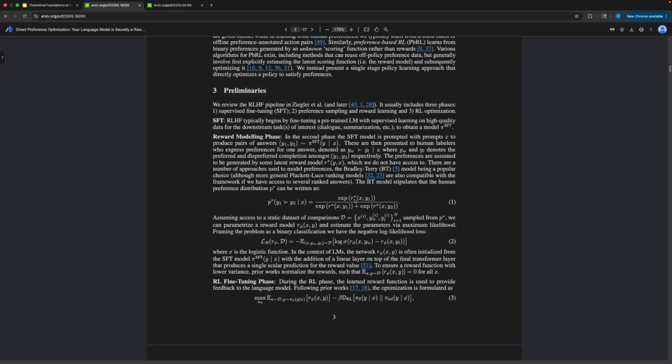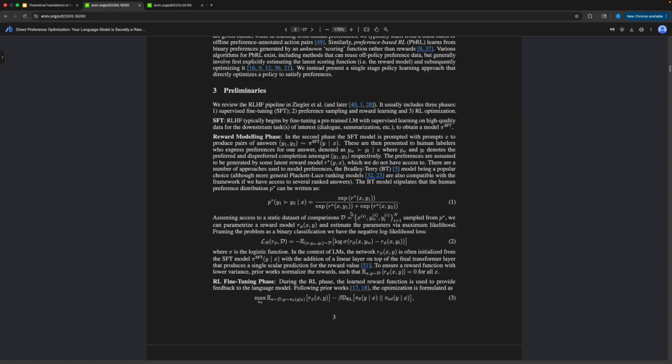This looks very similar to softmax, and if you divide both the numerator and denominator by the numerator term, it becomes 1 upon 1 plus e to the power of minus the reward for completion 1 minus the reward for completion 2.